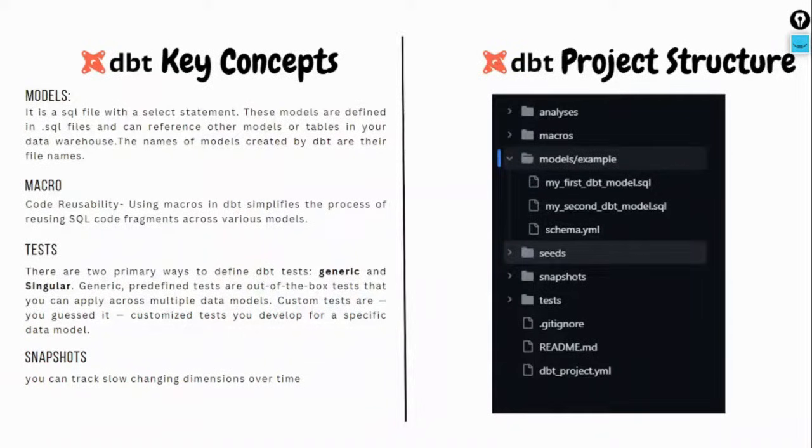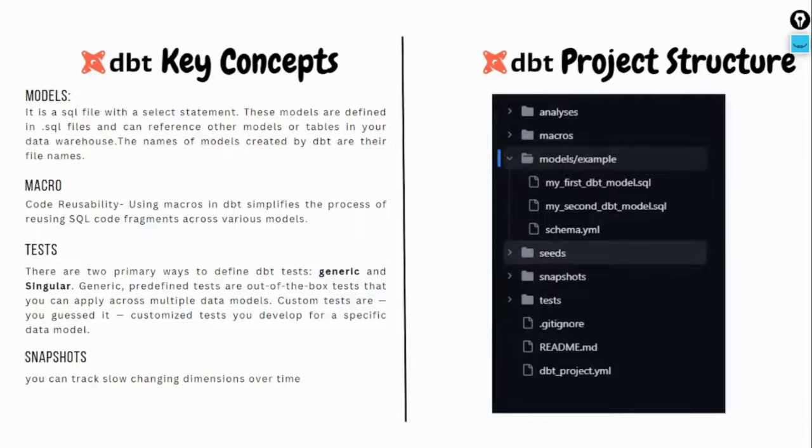And the last core concept is a snapshot. A snapshot is basically to track slowly changing dimensions over time. And here dbt handles only slowly changing dimension type 2. There are other slowly changing dimensions, but dbt takes care of only type 2.